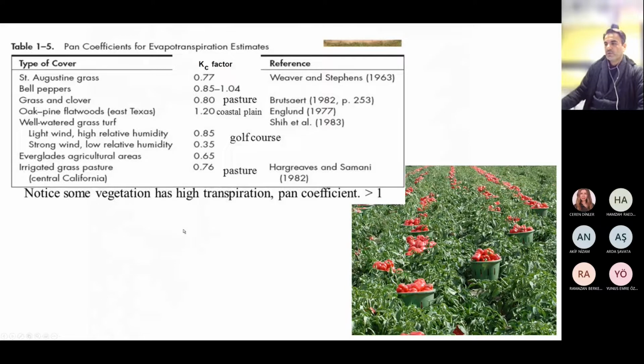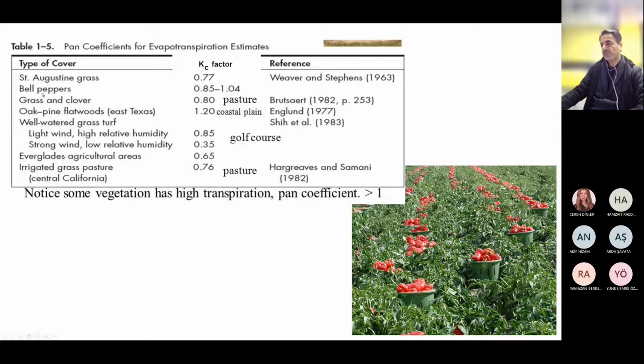So also for Kc, we have some other tables suggested in different books, studies, or by FAO. For example, for St. Augustine grass, which I already showed that we commonly have in football fields, football stadiums, the Kc could be considered 0.77.